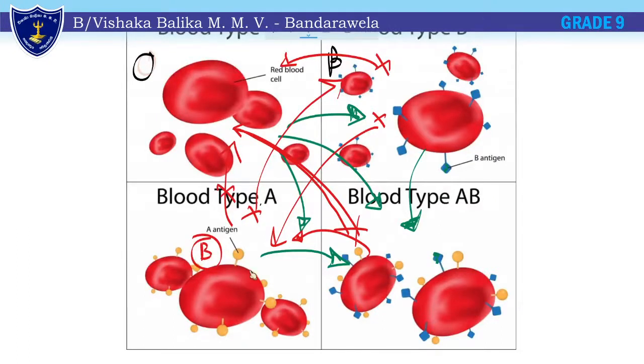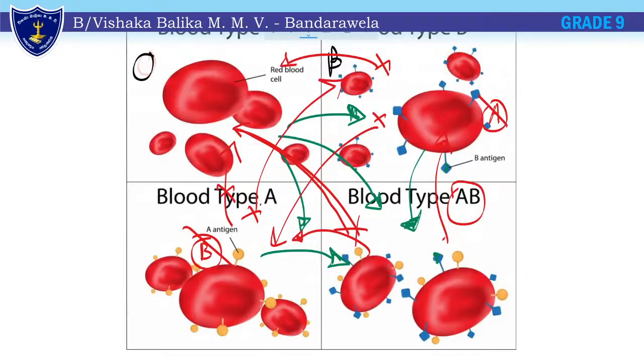Rejecting one is B. Giving AB to B is also impossible, because B has no A antigen. A will be rejected. You can understand the AB blood group cannot be given to any of the others, but the O blood group can be given to everyone. So that is a really simple explanation.